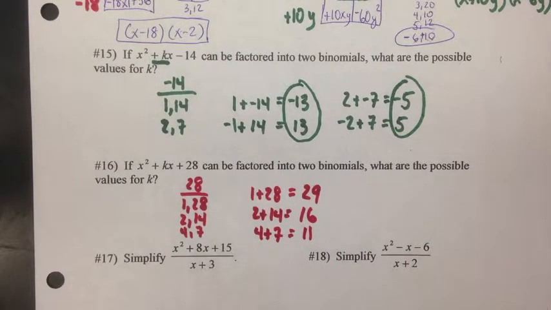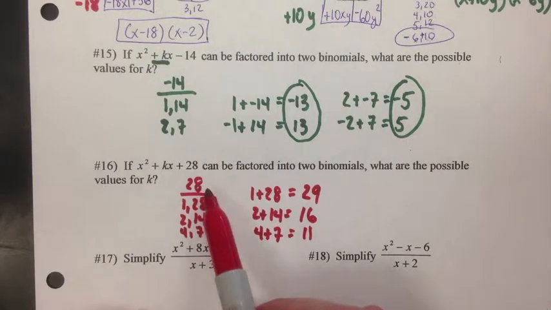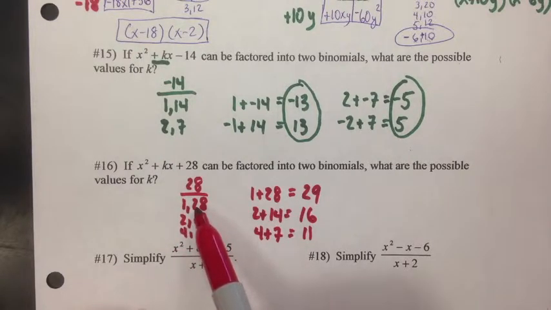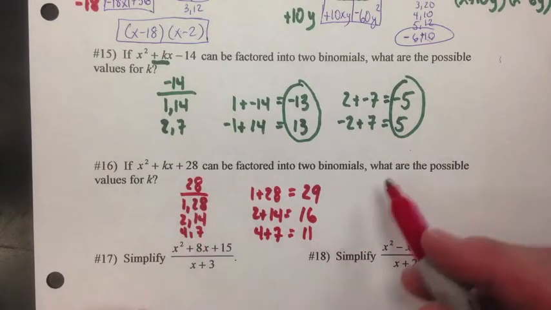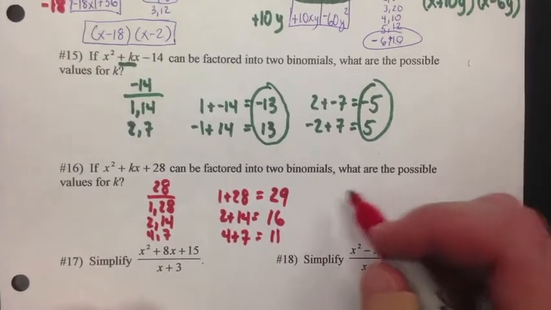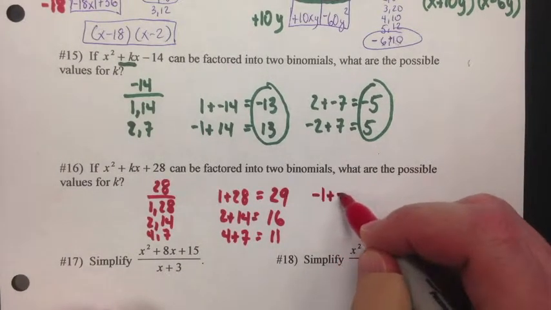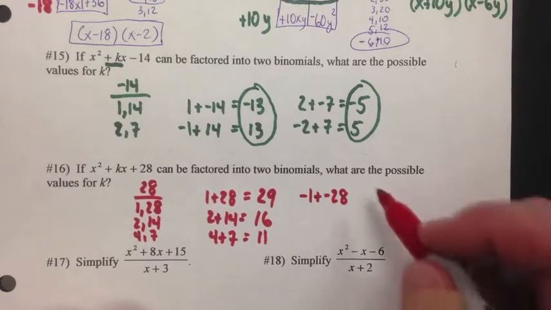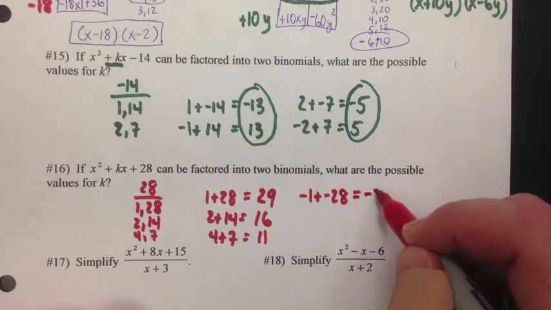Okay, now you're thinking, well, Mr. Cavell, if you do a positive times a positive, it gives you a positive. But what if these were both negative? What if it was -1 and -28? That would still multiply to 28. And you're absolutely right. So I could have -1 and -28, which means my middle term, my k, would be -29.